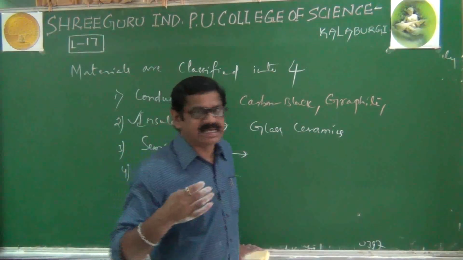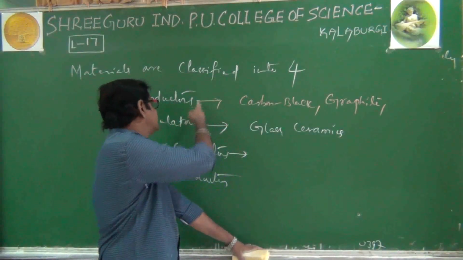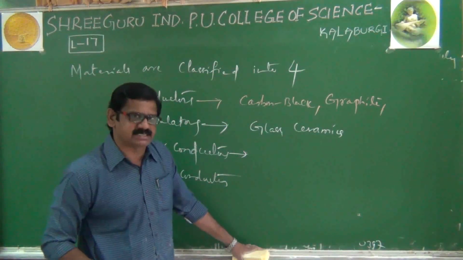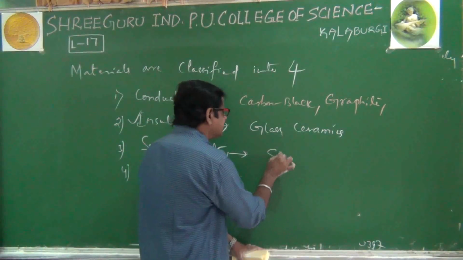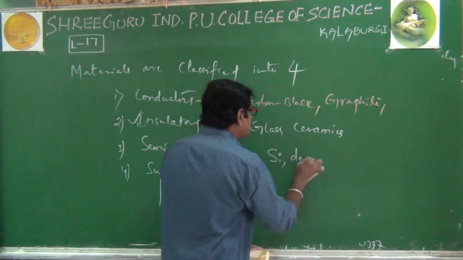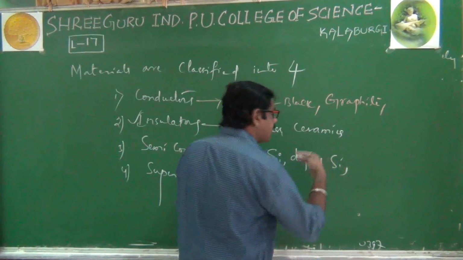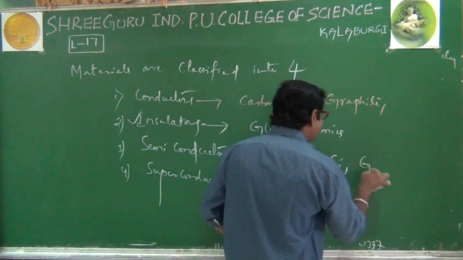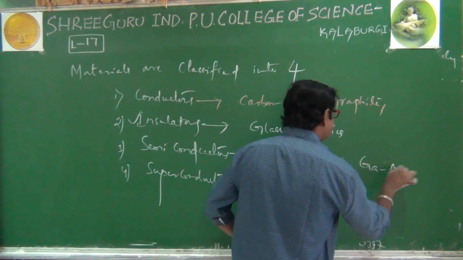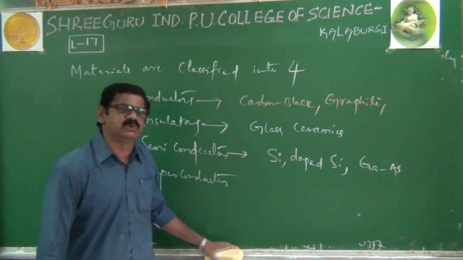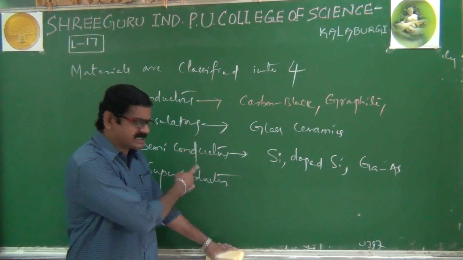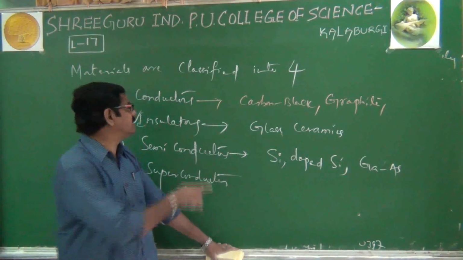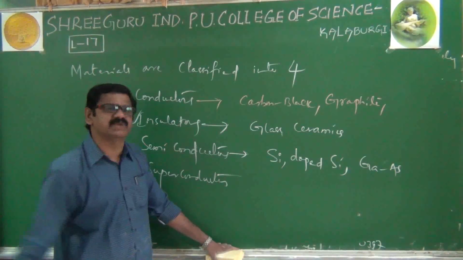The conductivity of semiconductors is in between conductors and insulators. For semiconductors we use examples like silicon, doped silicon, as well as gallium arsenide.